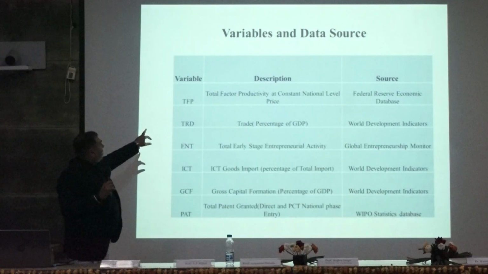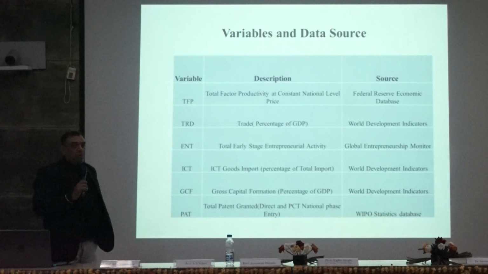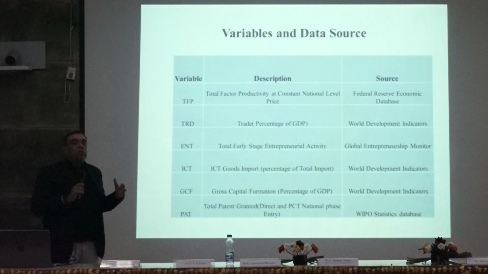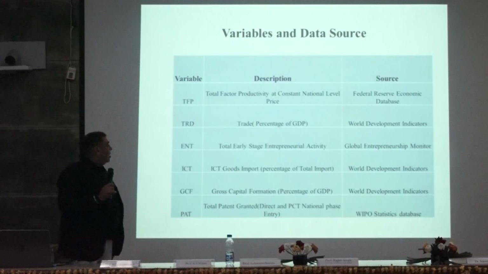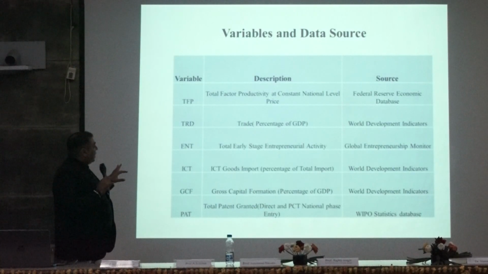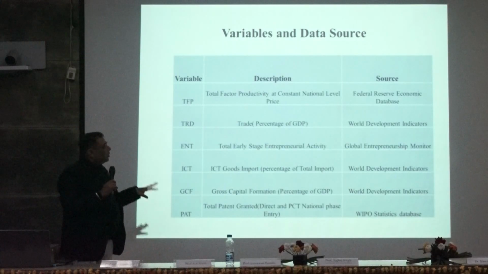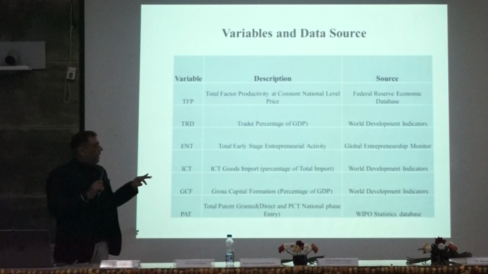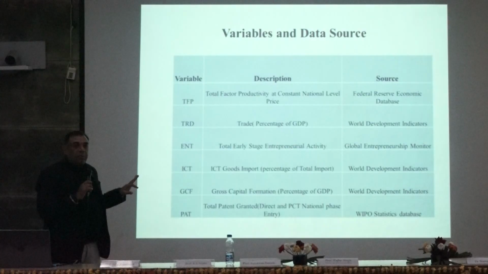So this is the dependent variable, total factor productivity, and we ask how it is determined. I am taking TRD, that is trade as a percentage of GDP, from WDI, the World Development Indicators database maintained by the World Bank.